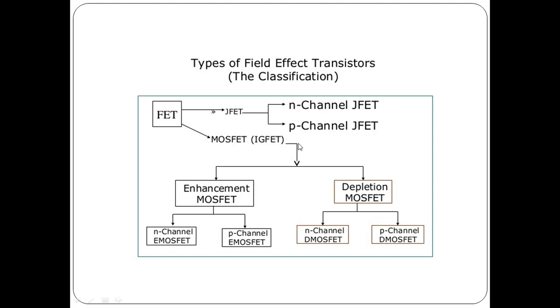MOSFETs are categorized into two types: enhancement MOSFET and depletion type MOSFET. Both enhancement type MOSFET and depletion type MOSFET can be categorized into two types: N-channel and P-channel.